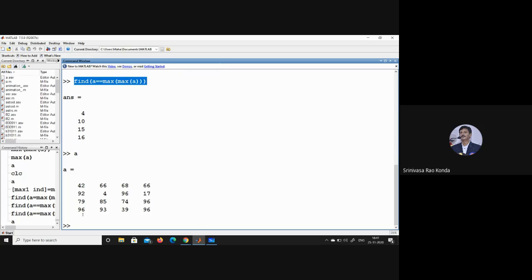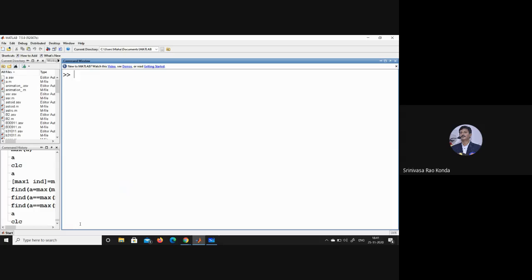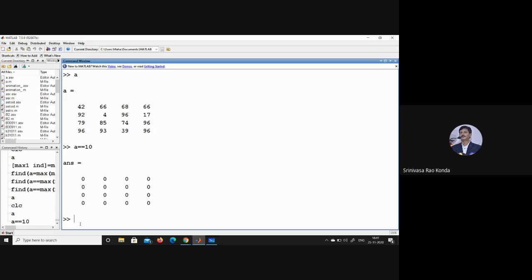So here we should know how the relational operators work on a matrix. That's the correct command only. For example, suppose A is equal to 10. If I give like this, what will happen? It will give an array. No element is equal to 10 in this matrix. Okay.